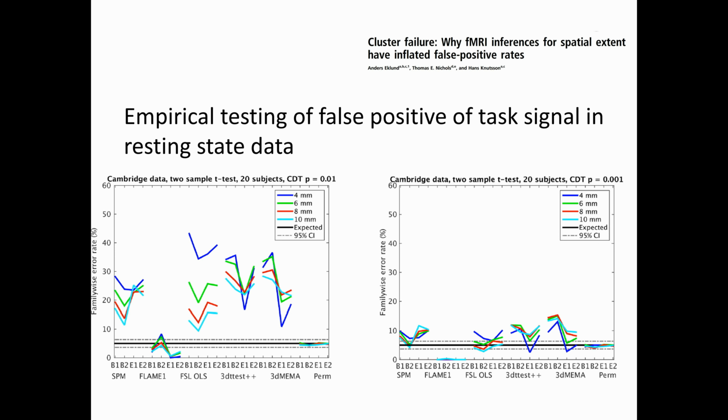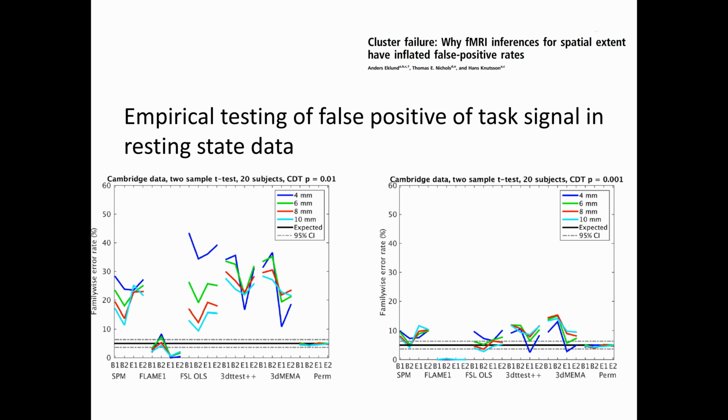And here's an example on the, I'm dyslexic and it really depends on which way I'm facing. I'm going to say the left side. The voxel level was set at that 0.01 level, and then it was corrected, and different smoothing was used, and it was run through different packages, and lo and behold, this resting state data was getting significant results at above the 0.05 level.